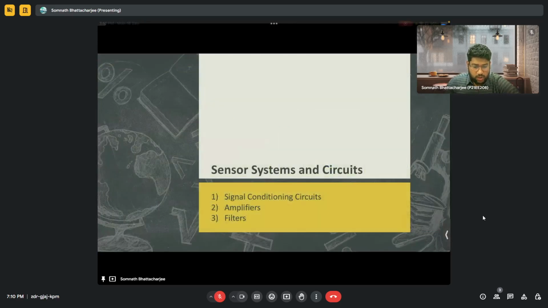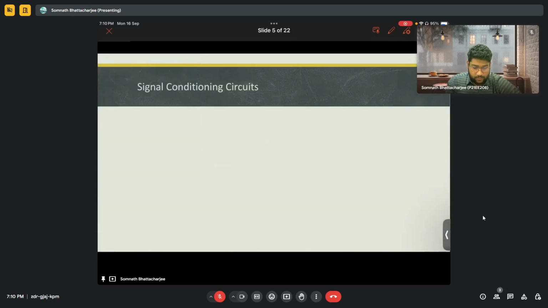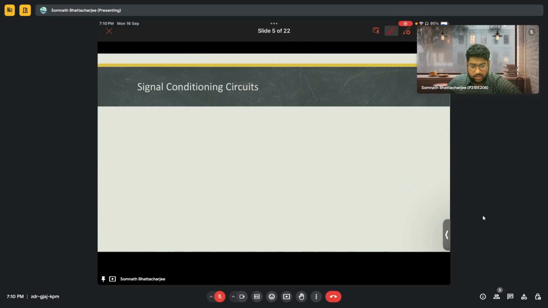So this is our today's course overview: we'll learn first about signal conditioning circuits, then some basics of amplifiers, and then some filters. First we need to know what a signal conditioning circuit is.